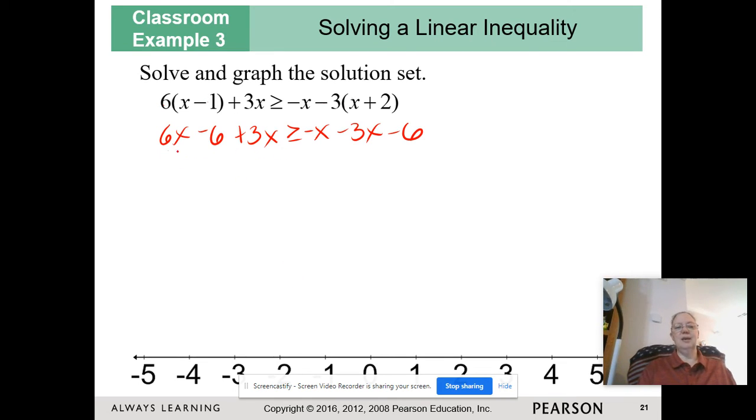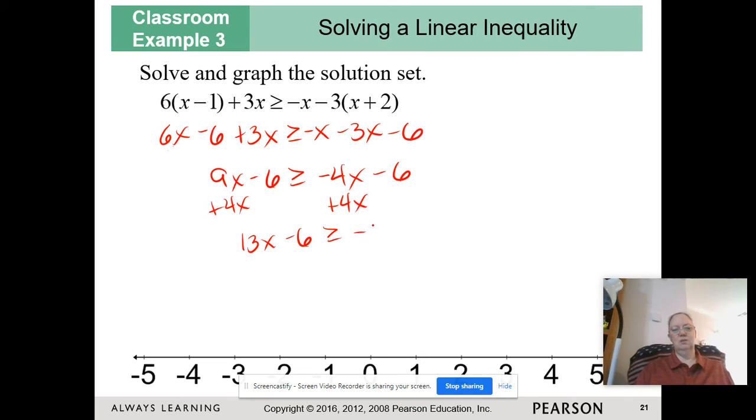I have my x's that I can combine on the left, and my x's I'm going to combine on the right. I'm going to add 4x. Remember, you get the x's together first. And then I'm going to add 6.